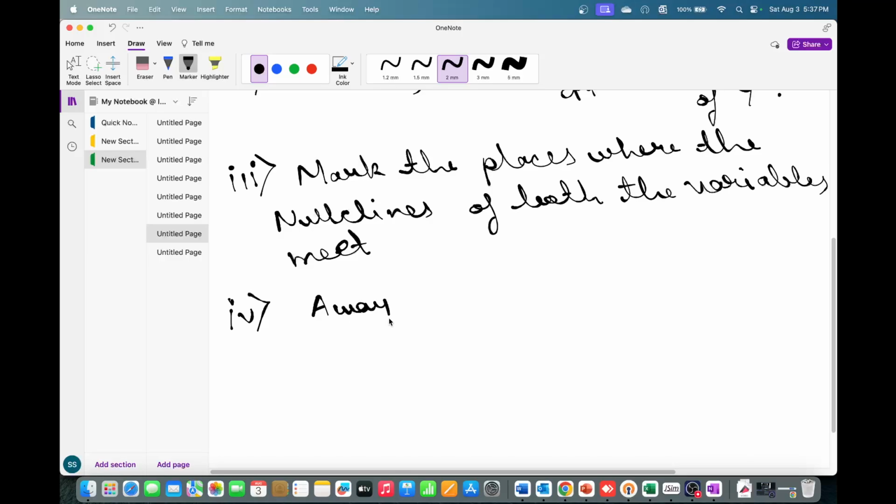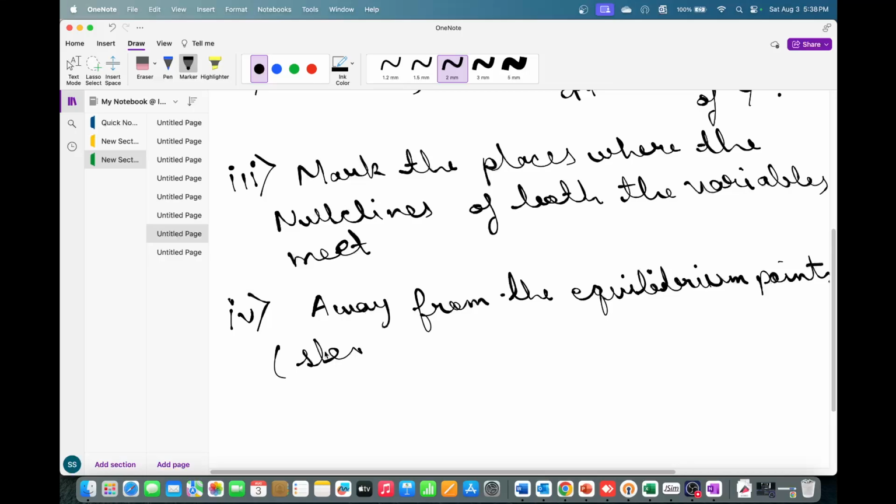away from the equilibrium points, which is the steady state equilibrium points, which is basically the steady states.